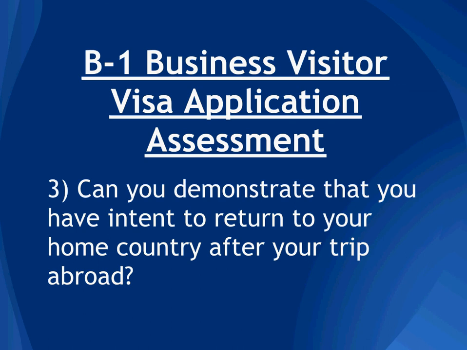Or if you're renting a property, you can show you have a long-term lease. If you have a family unit well established back home, you've got kids maybe, they're going to school, you can provide evidence of these things to show that you have ties to your home country. Now, if you don't have any of these, you don't have much proof of ties to your home country, then there's a chance that your B1 business visitor visa application will be rejected.